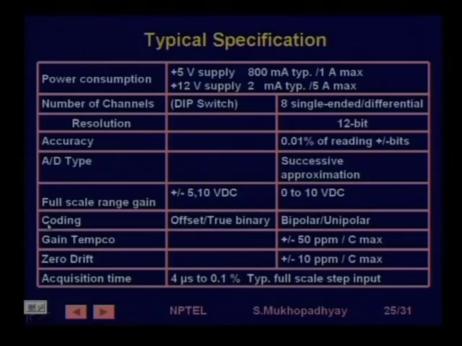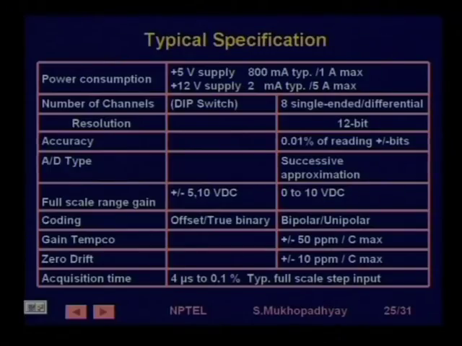So, they will have an amplifier, and that amplifier gain variation and zero drift can be specified. And finally, the acquisition time, which is of the order of 4 microseconds. So these are typical specifications of a data acquisition system which you need to look at when you select one.